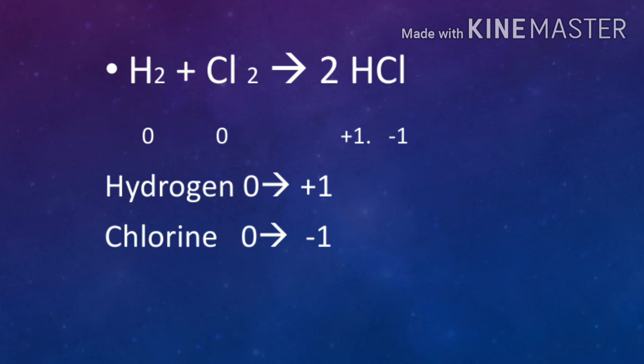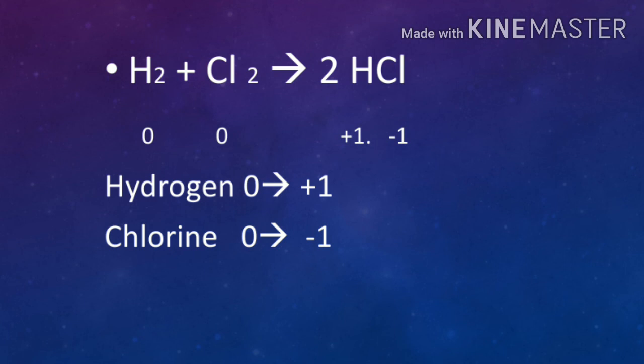So the oxidation is for hydrogen, and the reduction is for chlorine because the oxidation number decreased from 0 to -1.